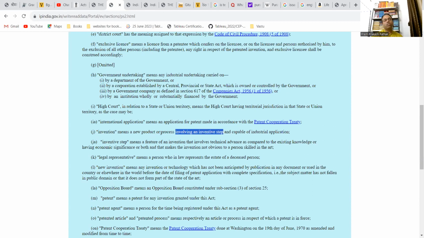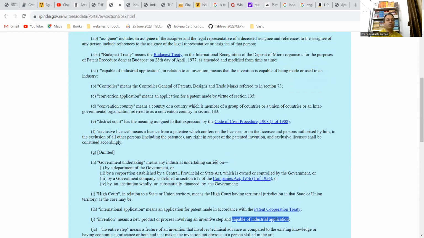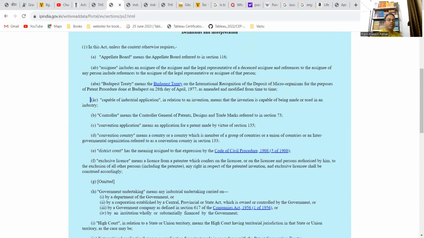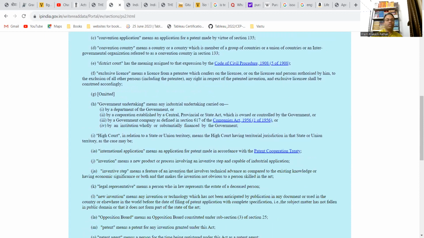So it is new, it has an inventive step, and it is capable of industrial application. Whenever it says capable of industrial application, we know that AC comes into the picture.